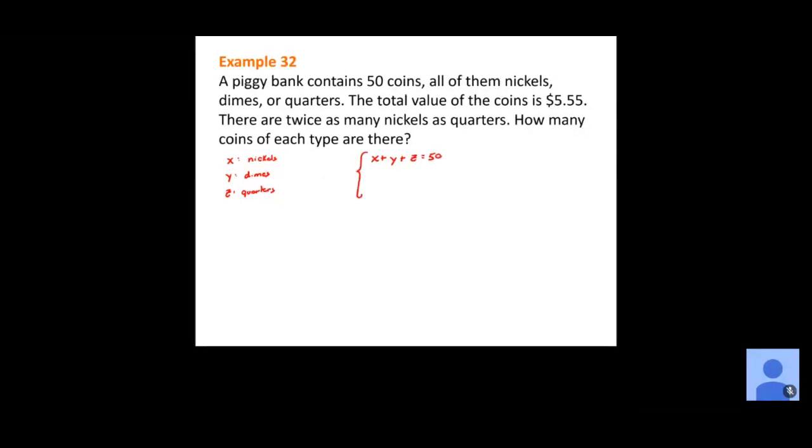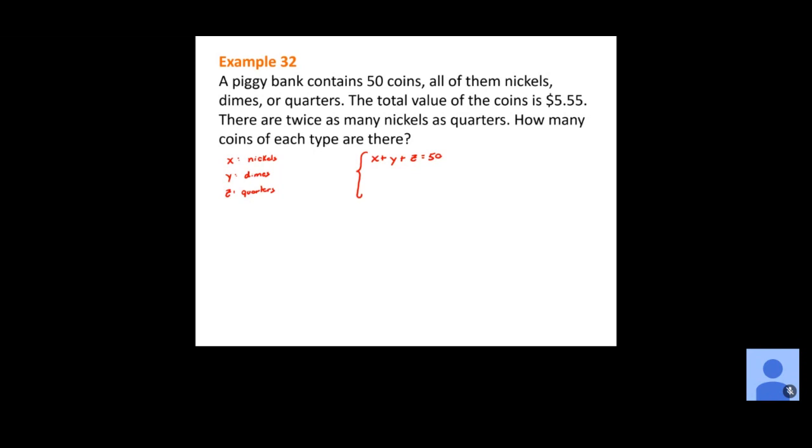Right. What's another equation going to look like here? Okay, so we know there's twice as many nickels as quarters, right?